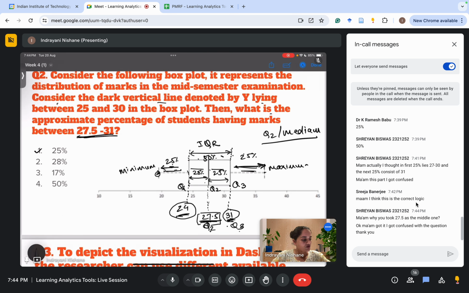So I added that 27.5. Let's consider the dark vertical line value to be 27.5, and the dark vertical line is always Q2, or median. From the median value to the Q3 value, 1/4 of the sample lies within that range, and from Q1 to Q2, or median, another quarter lies.